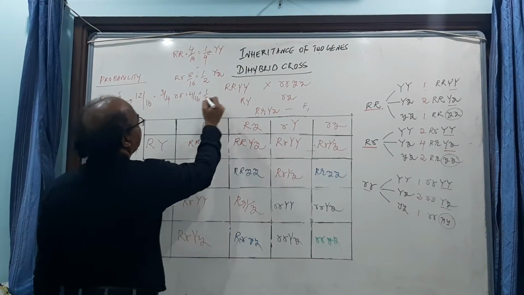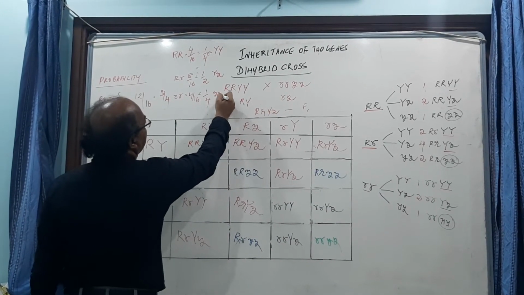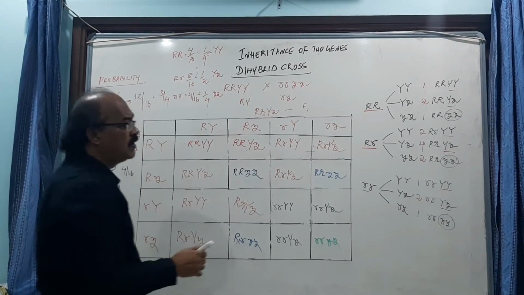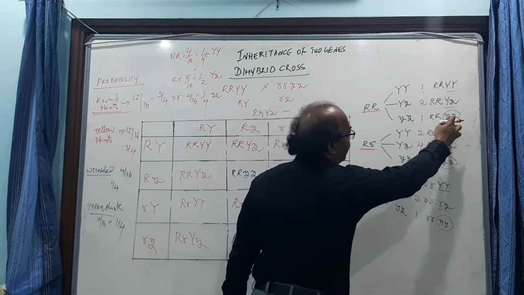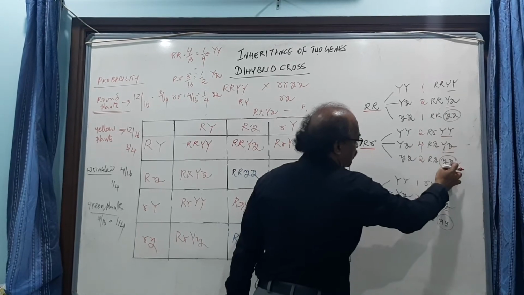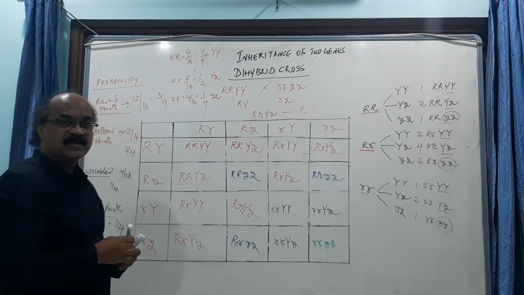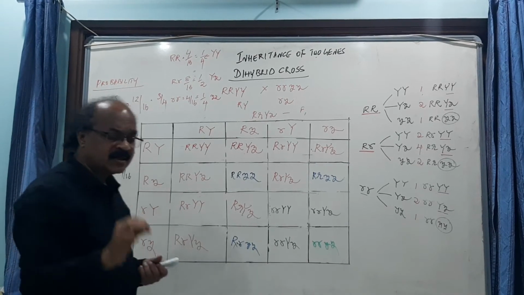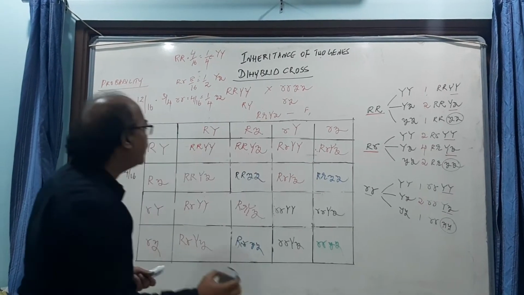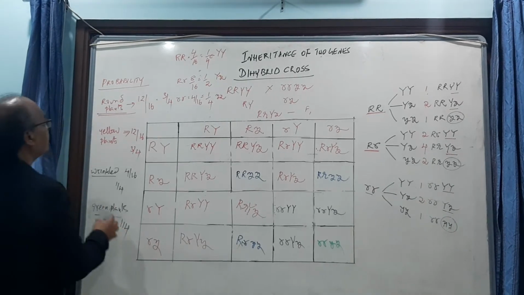And what is the probability of getting a small y, small y? Small y, you get 1, 2, 1. 4 plants. Always this is so important information.